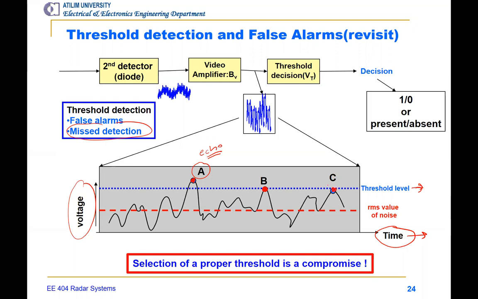So then the threshold here is very critical. If we fix this, and if the clutter affects the signal with time, then it's likely that we can make many errors. We can have more misdetection or false alarms.